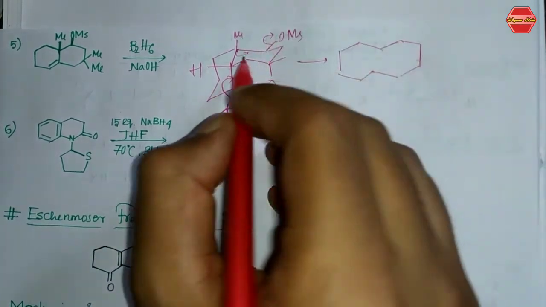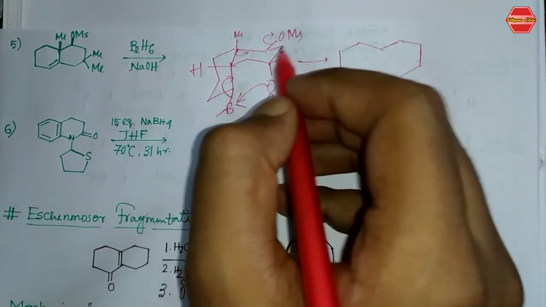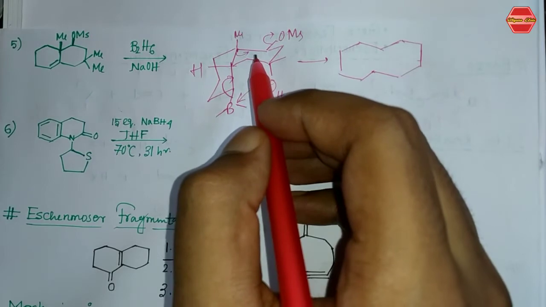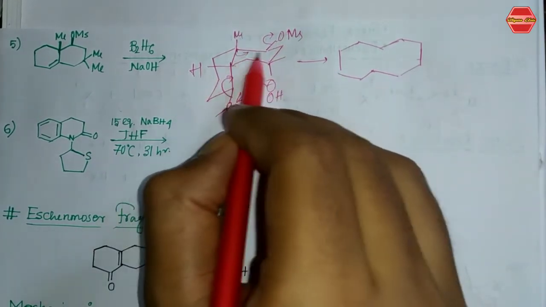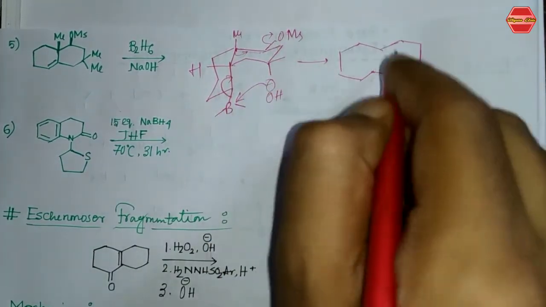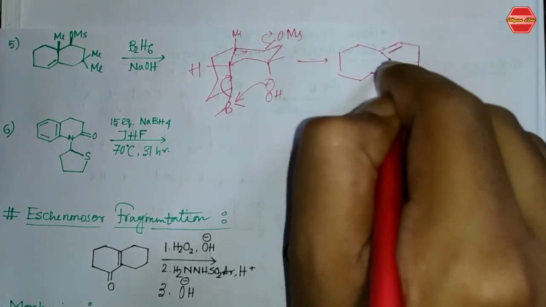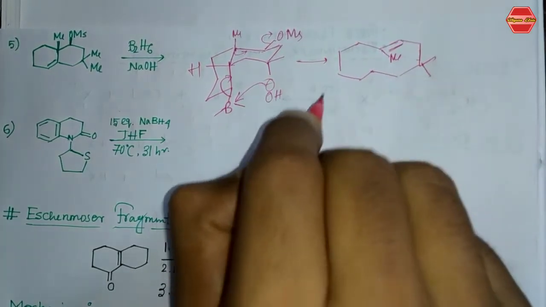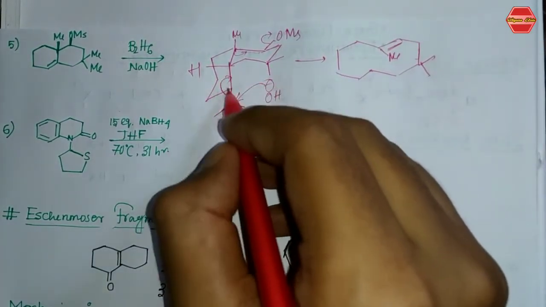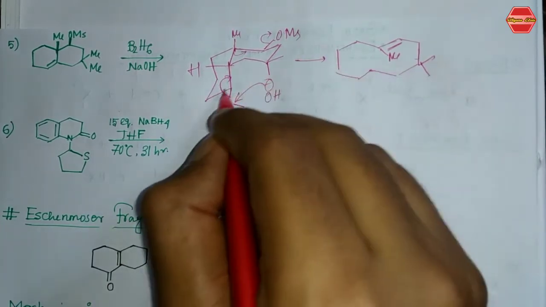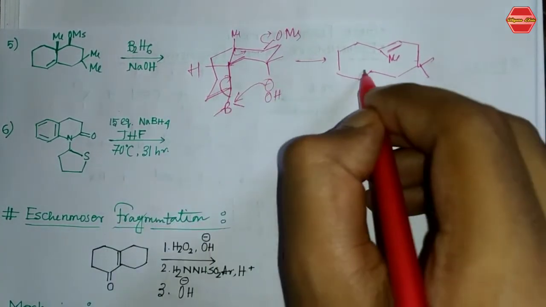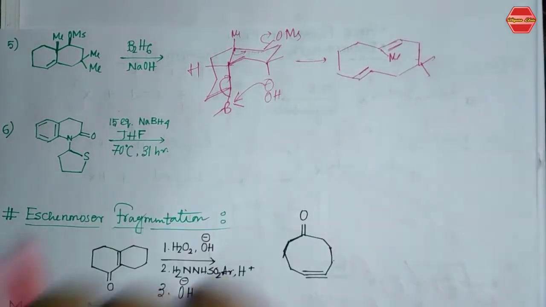So see firstly how the alkene is there, that is either it is cis or trans. So you can see over here that the trans alkene is formed. So we have the trans alkene in this position, and we have the 2-methyl, and in this position we have the alkene which is also trans, because these two are trans to each other. So similarly we get the alkene over here.